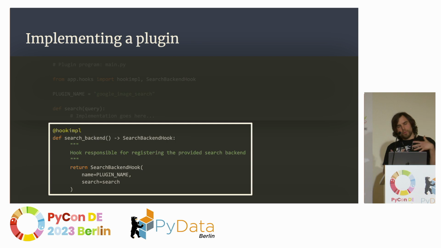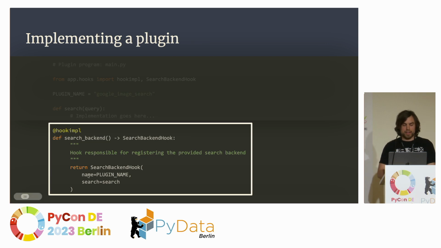And so the important thing is that these two names need to match up. This is how pluggy internally says, oh, great, this is the hook specification, here's the hook implementation, boom. Now we have a pair. And so in our hook implementation, what we do is we are returning the search backend hook object that we just talked about earlier.